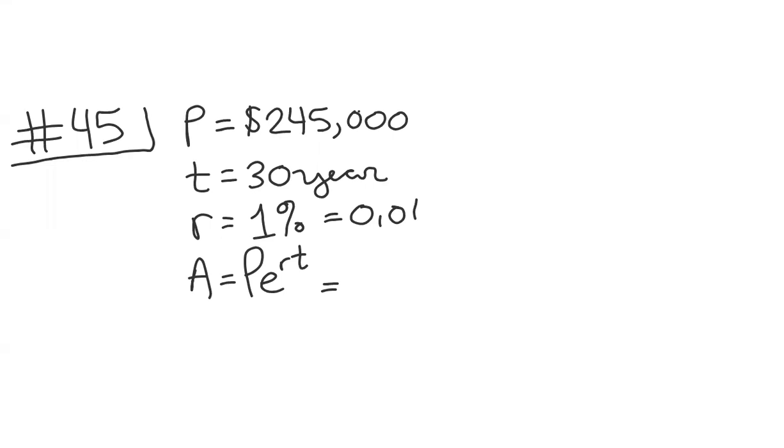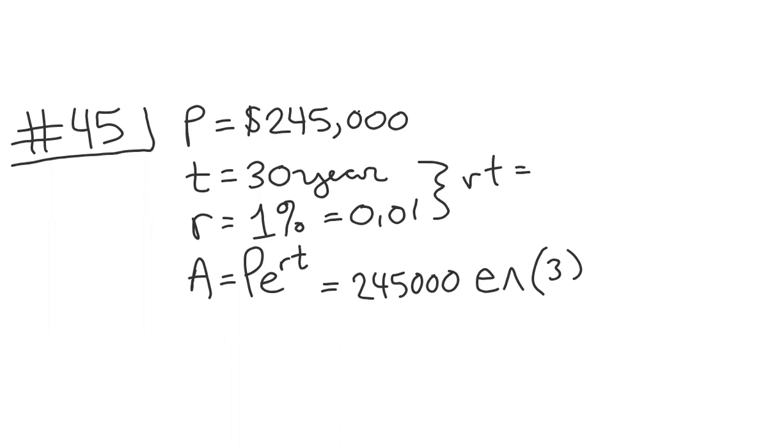So let's see. 245,000 times e to the power, we multiply R times T, we have 0.01 times 30, which is just 0.3. Okay, good thing I double checked. See, 0.3.